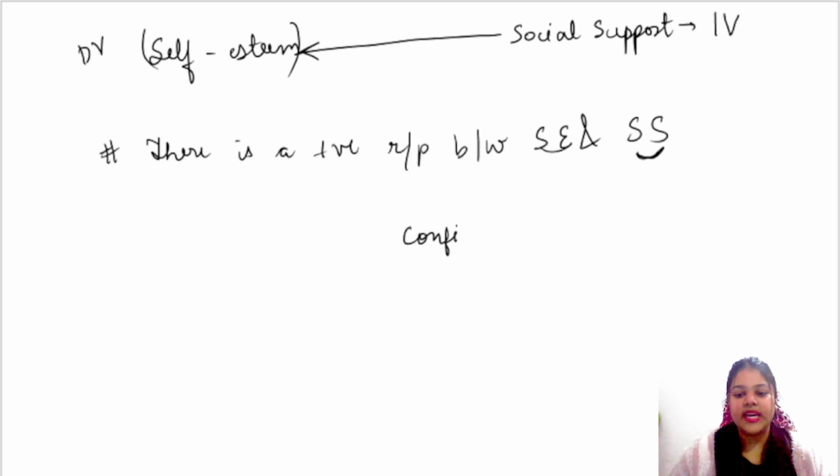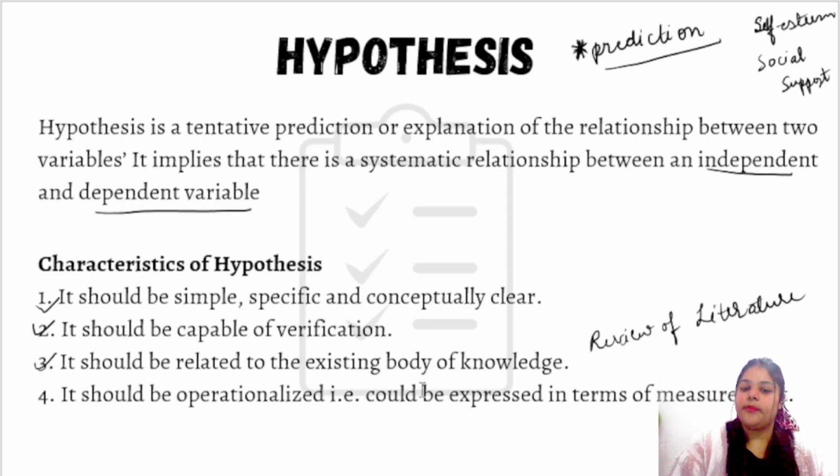They could be stating a positive relationship, negative relationship, direct, indirect, whatever sort of relationship, but I will make up my hypothesis on the basis of existing knowledge, existing review of literature I will do, and then I will make my hypothetical statement.